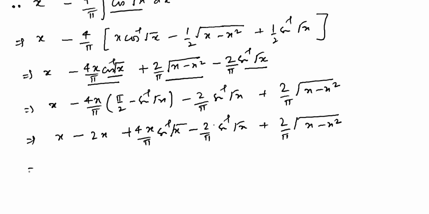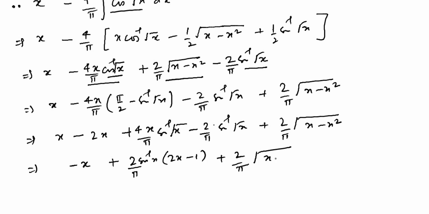Okay, so we are going to get this as minus x. From here we can take 2 upon pi as common. Sine inverse root x can be taken as common, so I'm going to get this as 2x minus 1, plus 2 upon pi under root of x minus x square. So this is our final answer after simplification.